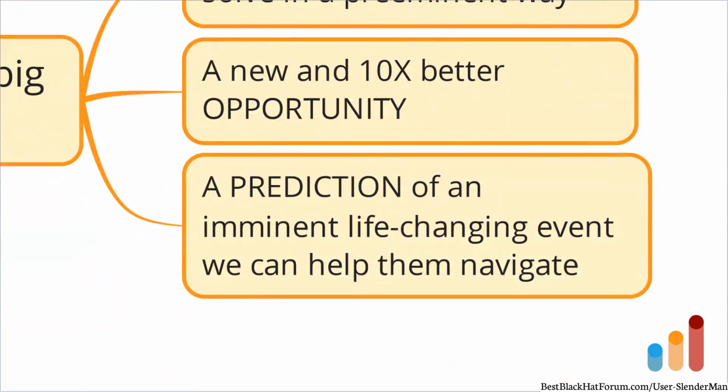Or we're looking for a prediction of an imminent life-changing event we can help them navigate. Most of the most famous, really big idea packages and promotions and campaigns in the financial newsletter space have been predictions of an imminent life-changing event, such as Stansberry's End of America and Aftershock from Newsmax and Plague of the Black Death, that was one of the Agora divisions.